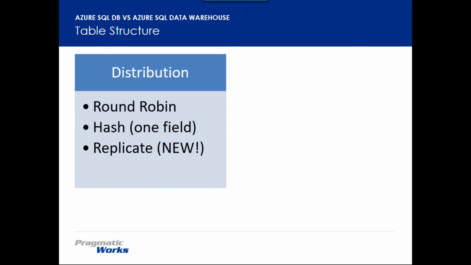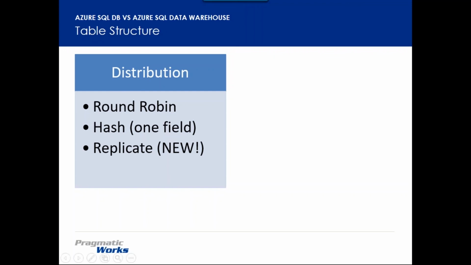Something that's also relatively new, and this was available as of just a few weeks ago, I believe. I don't have the exact date on this, but the ability to replicate a table to all distributions. This is something that was available in the APS and Parallel Data Warehouse platform. And the best example I can think of is like a date dimension. In a lot of cases, it would be nice to have the entire date dimension.